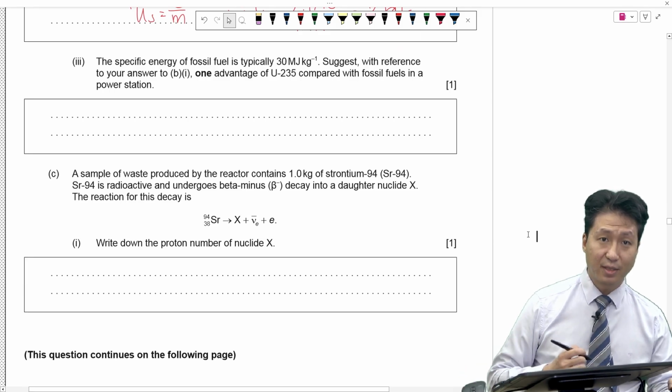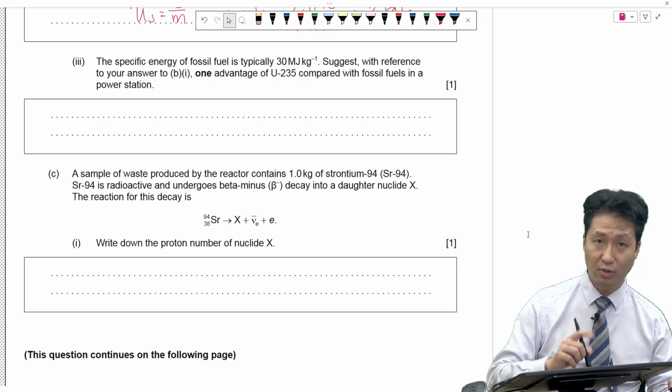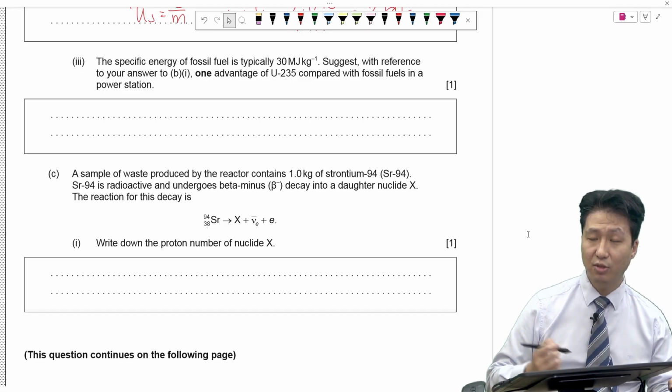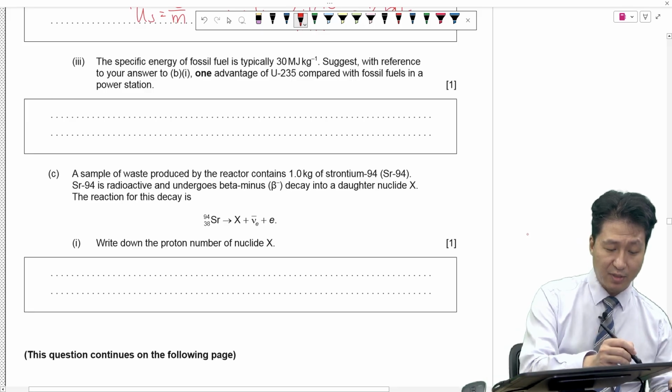Roman numeral 3, the specific energy of fossil fuels is typically 30 megajoules per kilogram. So just with reference to your answer in part B1, state one advantage of U-235 compared with fossil fuels. So the specific energy of uranium is a lot higher.